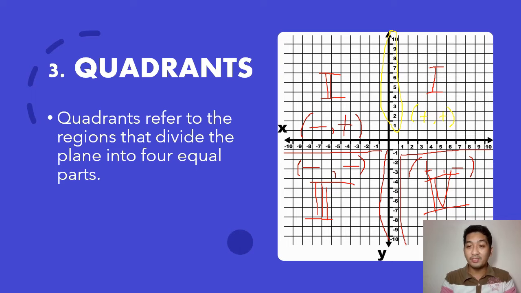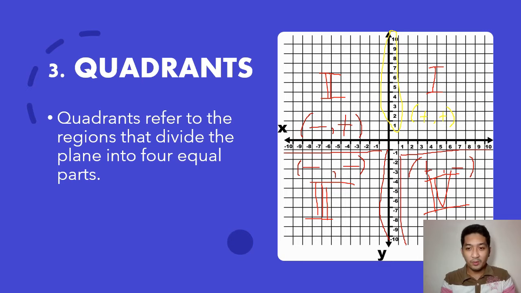In quadrant 1, the values of x and y are both positive. In quadrant 2, the values of x are negative and the values of y are positive. In quadrant 3, the values of x are negative and the values of y are also negative. And in quadrant 4, the values of x are positive and the values of y are negative.